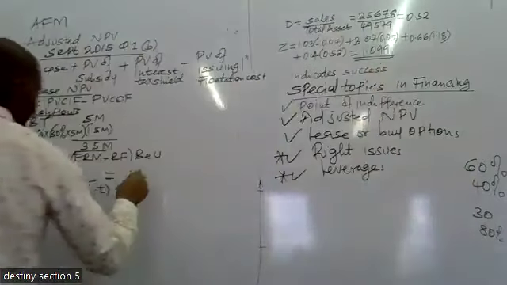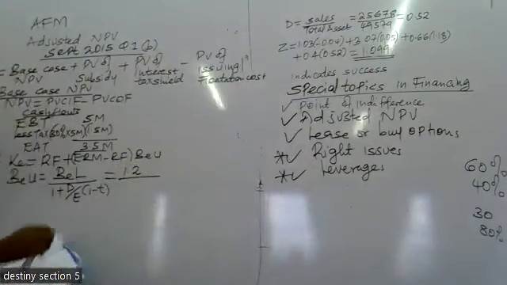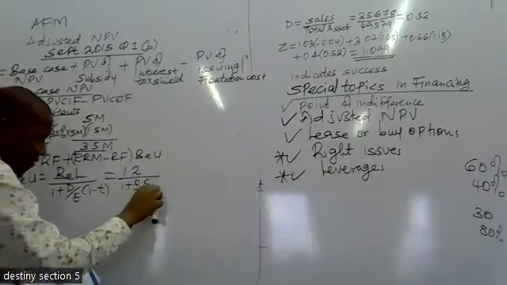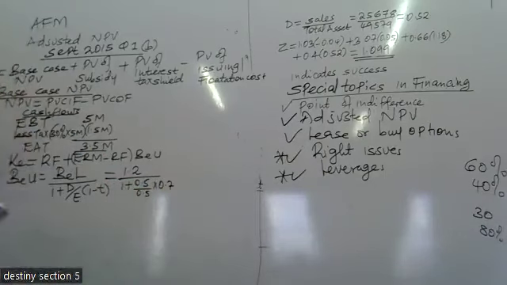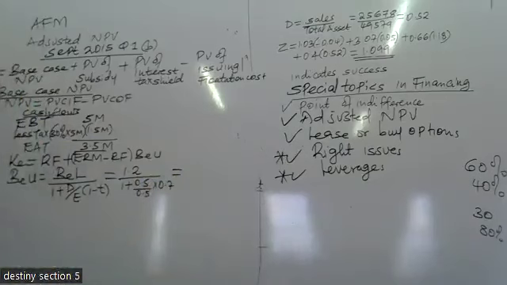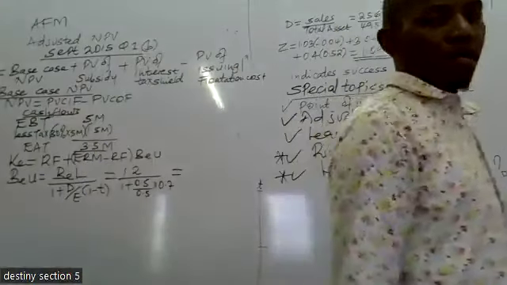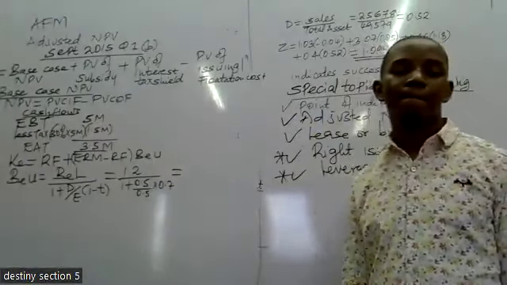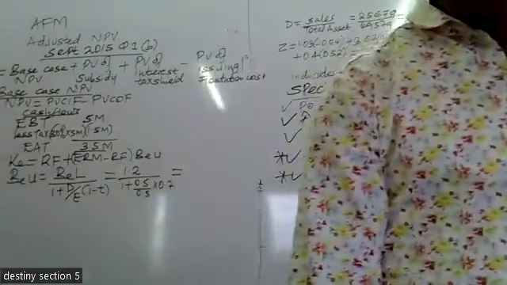So that is our beta of the levered, which is 1 plus the proportion of debt, how much? 0.5 over 0.5, I multiply by 1 minus tax, 1 minus 0.3. That will give us how much? 0.7.